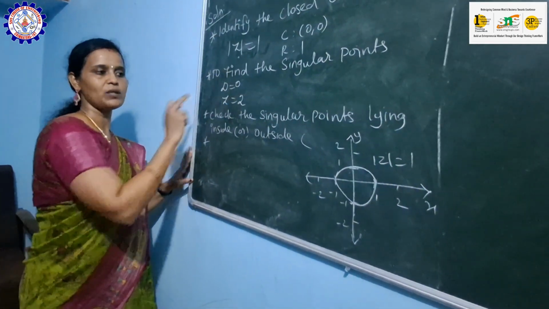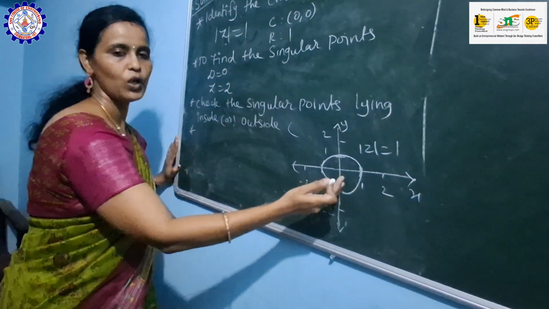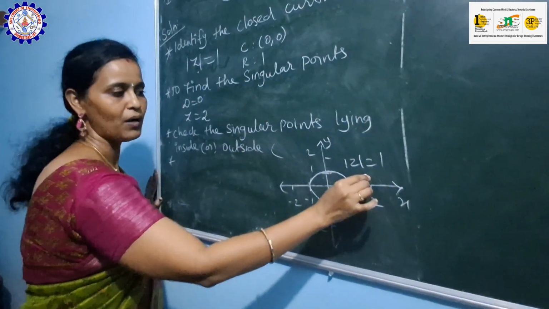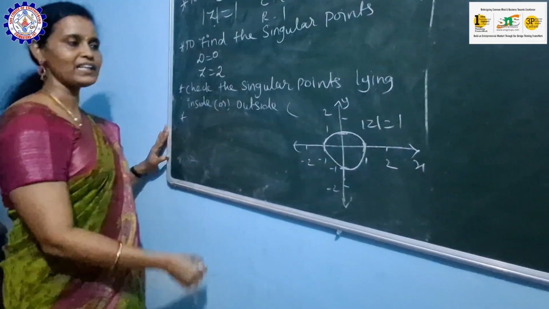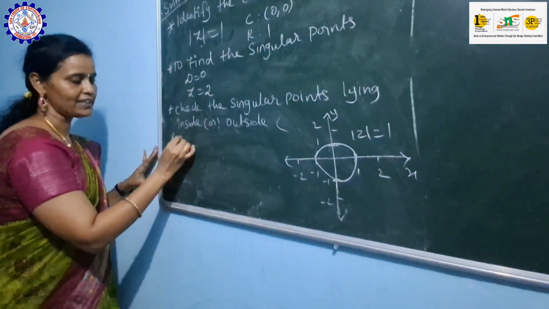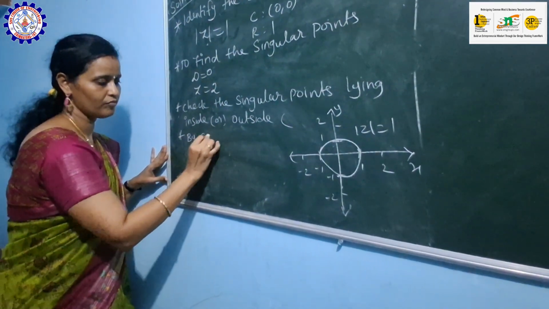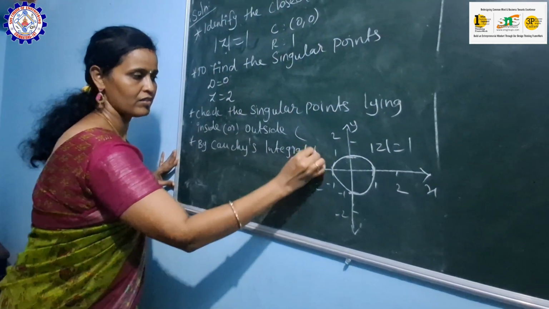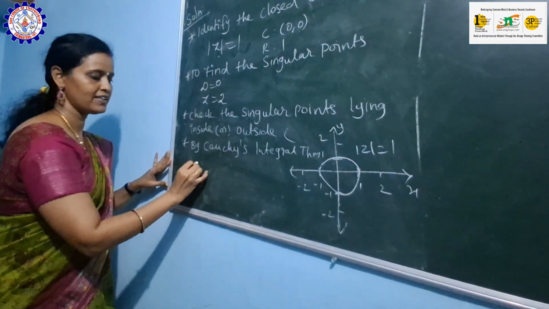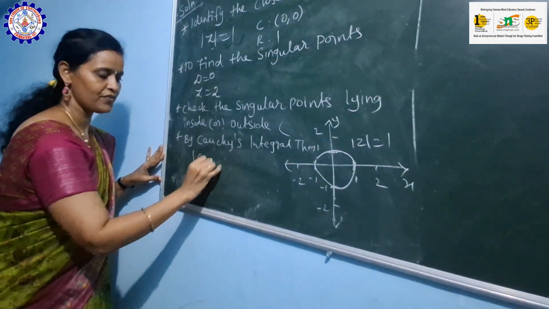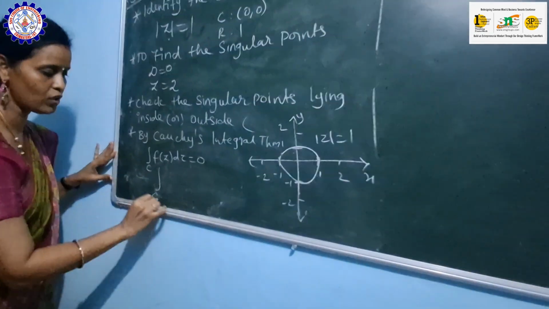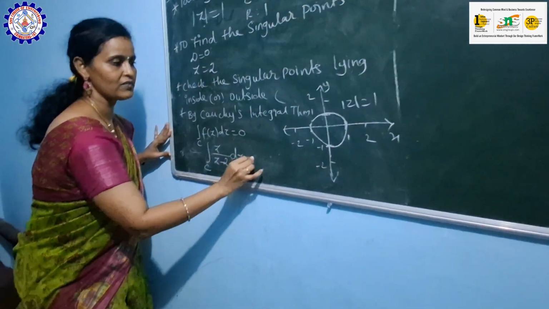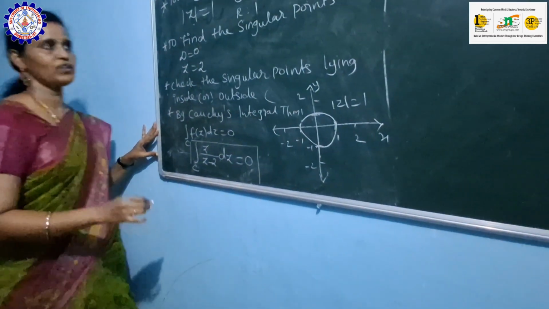Third step, check whether the singular point lies inside or outside the closed curve C. Mod z equal to 2 clearly lies outside the circle C. So by Cauchy's integral theorem, the integral over C of f of z dz is equal to 0. Therefore, the integral over C of z divided by z minus 2 dz is equal to 0.